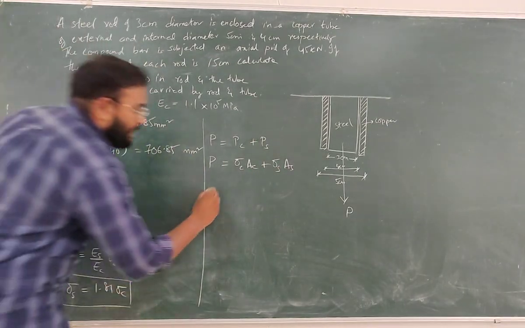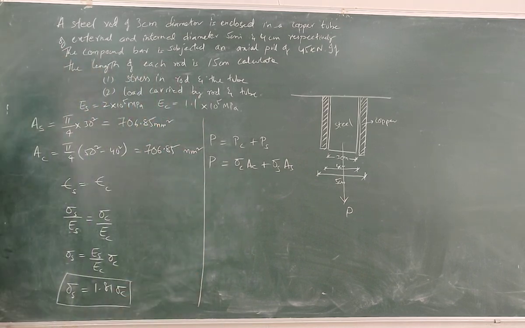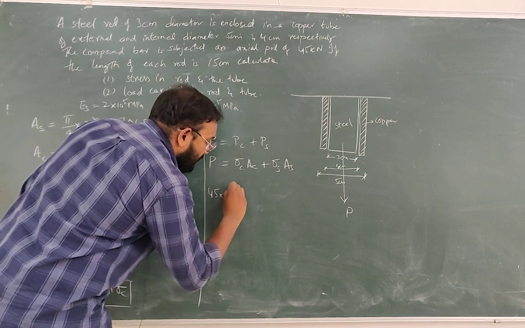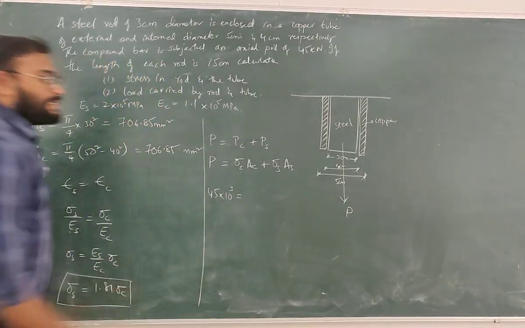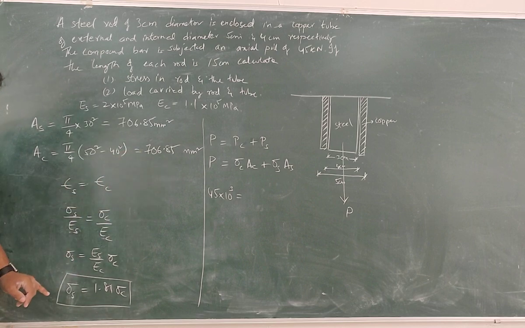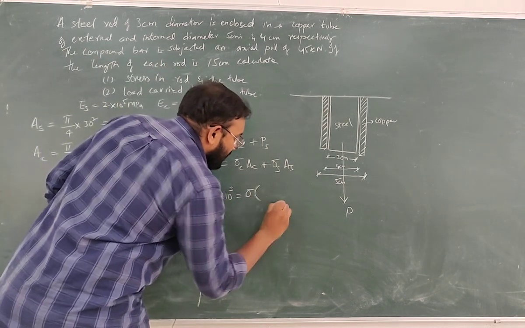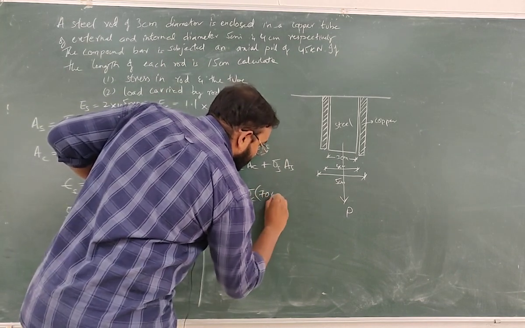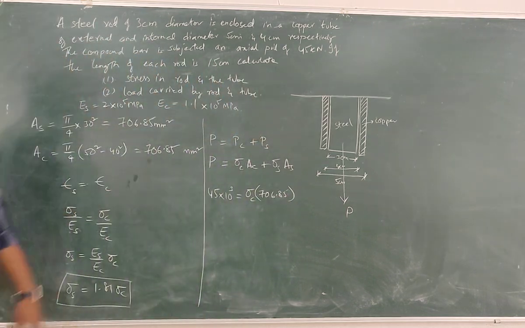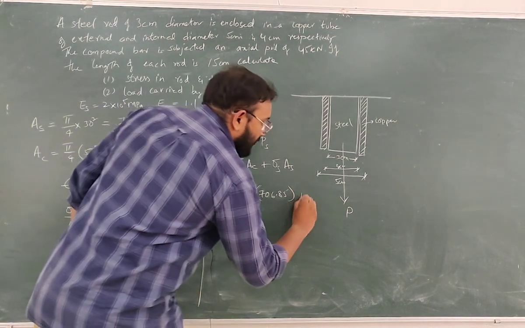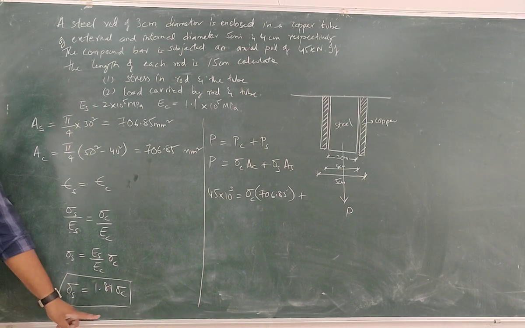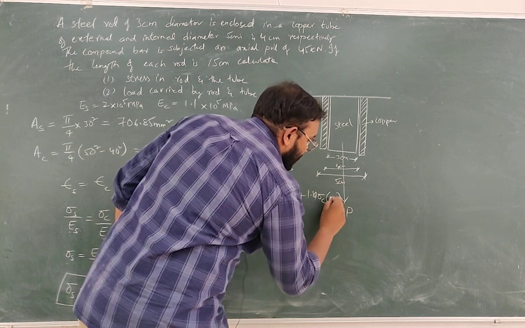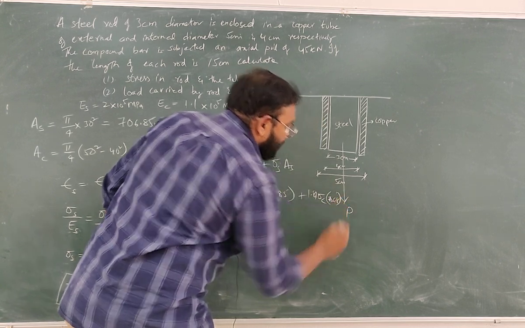Now capital P, we know the value of capital P: 45 kilonewton. So 45 into 10 power 3 is equal to sigma c into AC, which is 706.85, plus, what is sigma s in terms of sigma c? 1.81 sigma c, so 1.81 sigma c multiplied by 706.85.